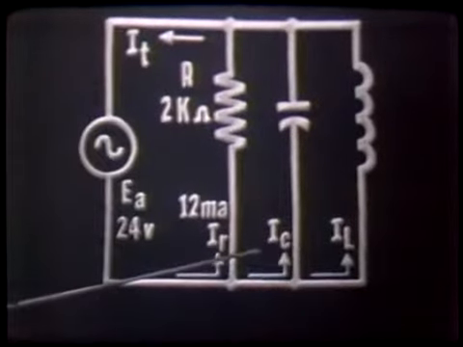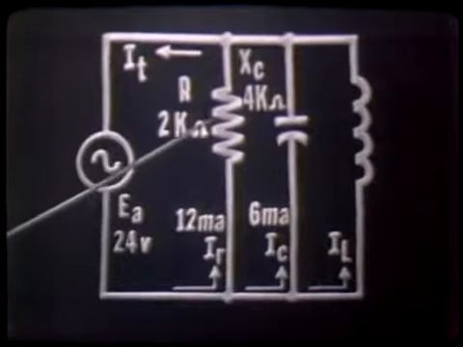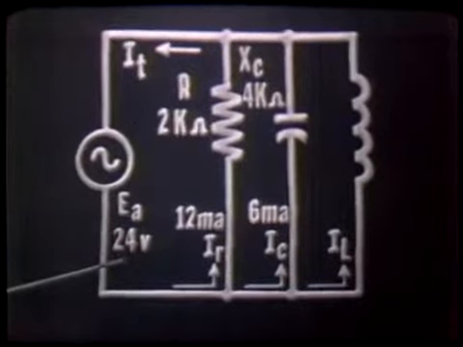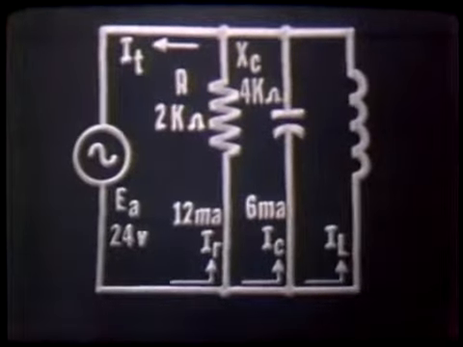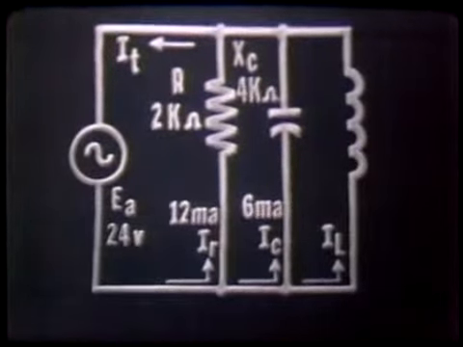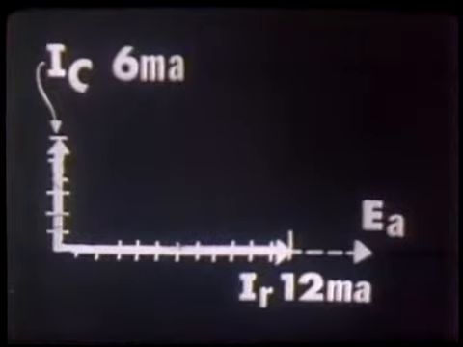Next would be IC, our capacitive current. If we assume a capacitive reactance of 4 kΩ with 24 volts applied across our capacitor, then we will have a capacitive current of 6 milliamperes. It would be vectorially plotted this way: IC would lead IR by 90 degrees and is equal to 6 milliamperes, or 6 units long.